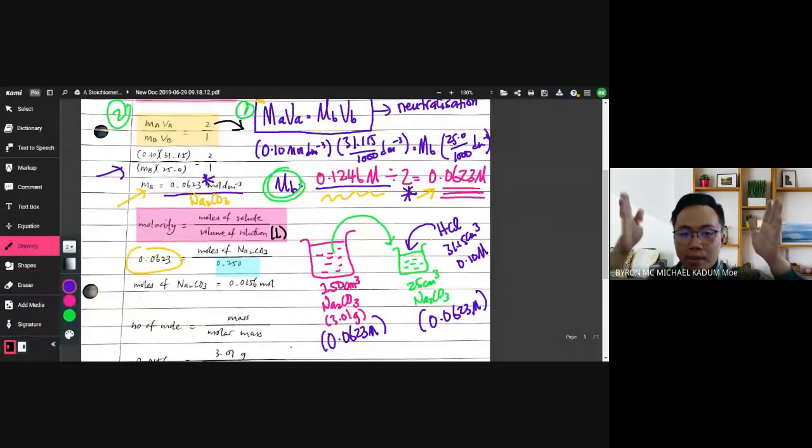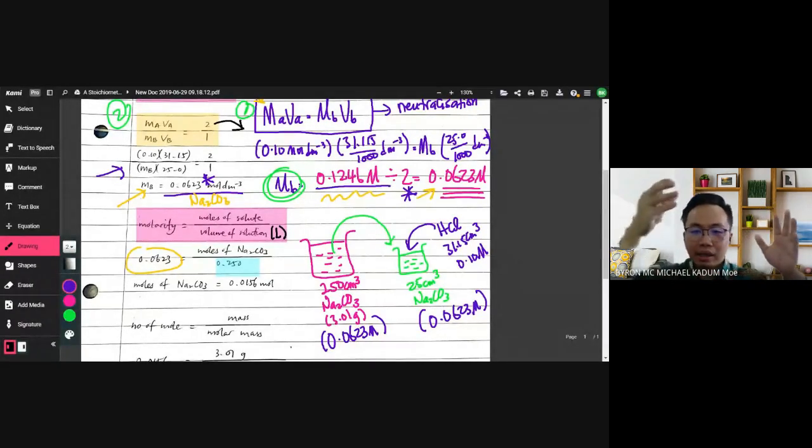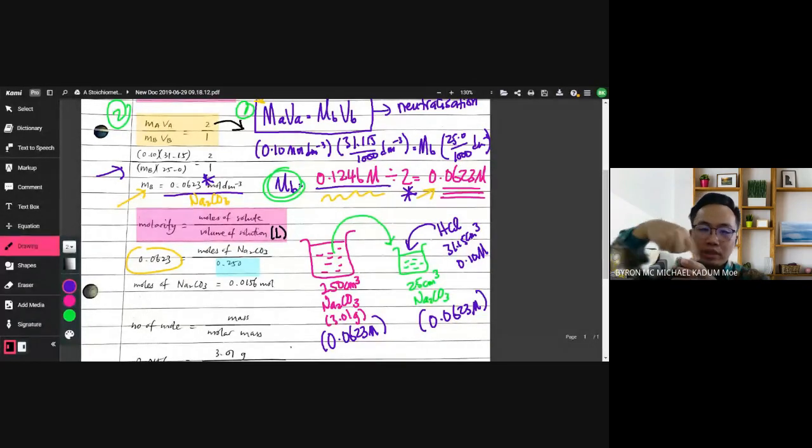Kita ada 250 cm3 of Na2CO3. Lepas tu, dia ambil 25 cm3, dia letak di atas meja, dia neutralizekan solution tu, dan dia dapatlah kepekatan dia. Kita dapat carilah berapa kepekatan of the base, which is the concentration is 0.0623 molar.